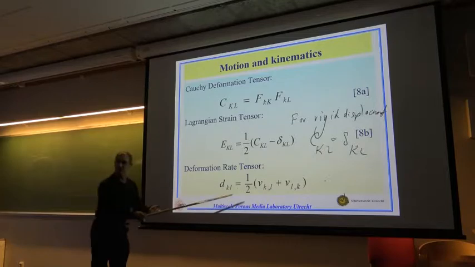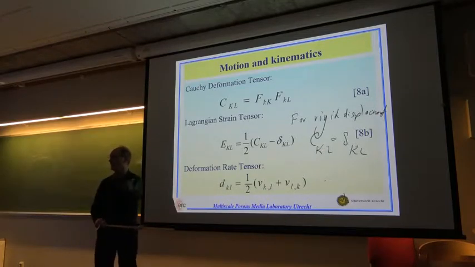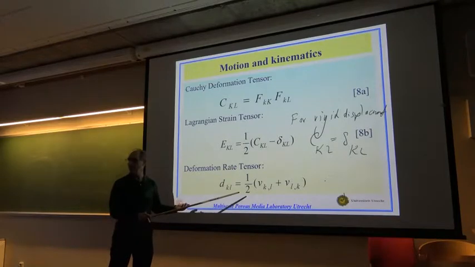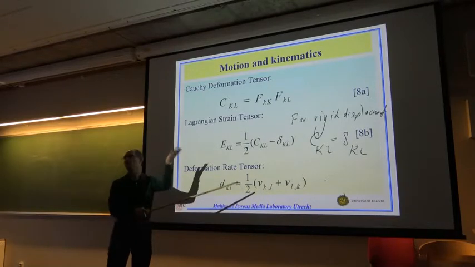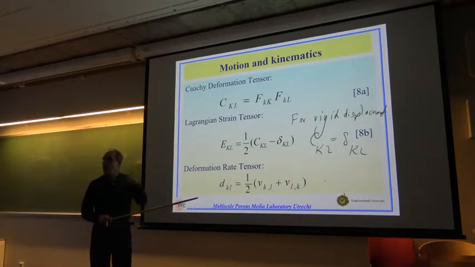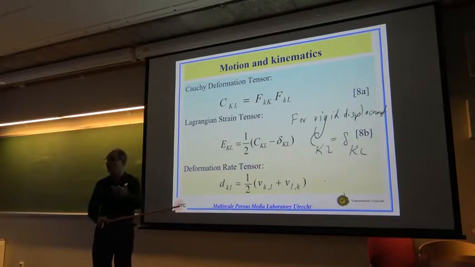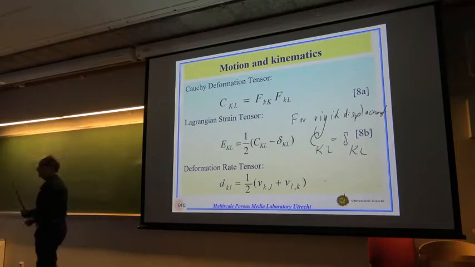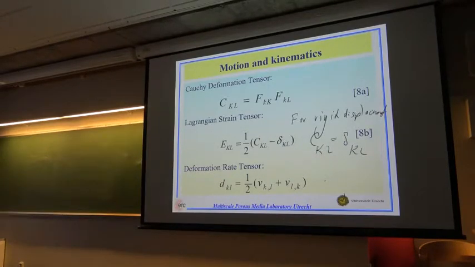The reason is that the stress tensor is symmetric, and therefore we can show later the non-symmetric part will disappear. If a stress tensor is not symmetric, which can also happen for certain materials, then all of this will become important and we cannot work with this only anymore.